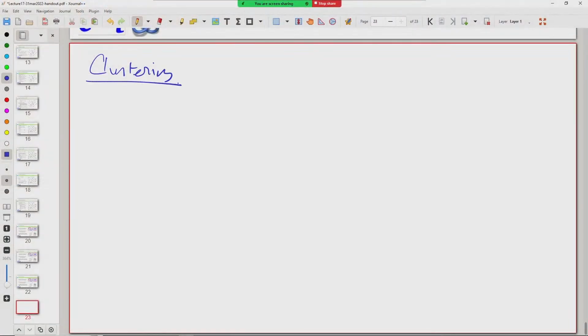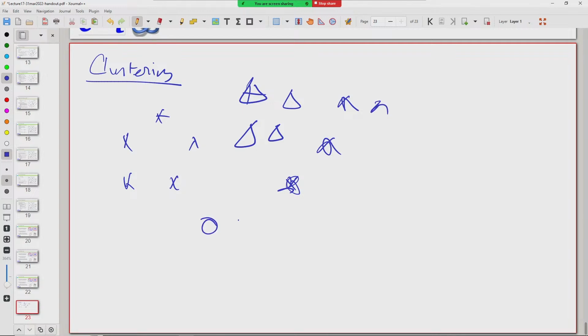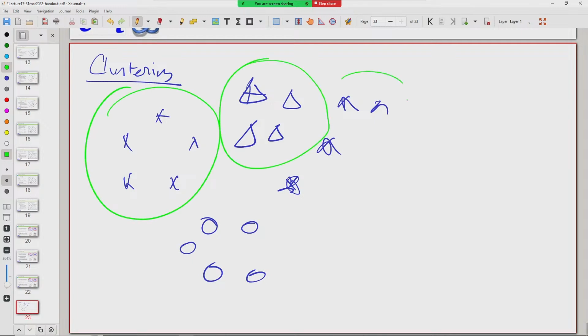Once again you have some data which is represented as vectors in some vector space. What you should do is figure out that this should be one cluster, that should be another cluster, and that should be another cluster.